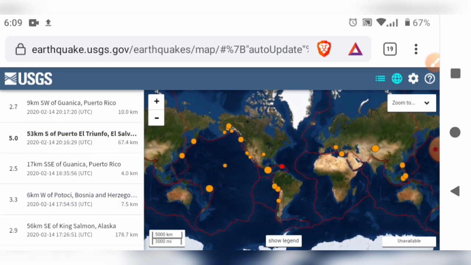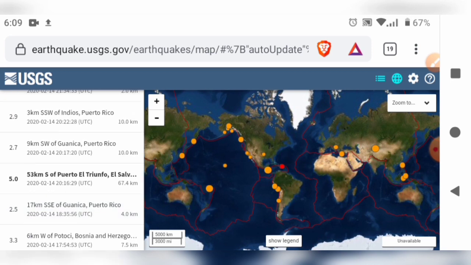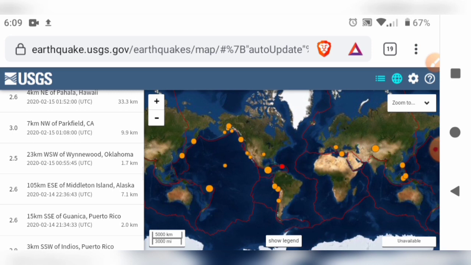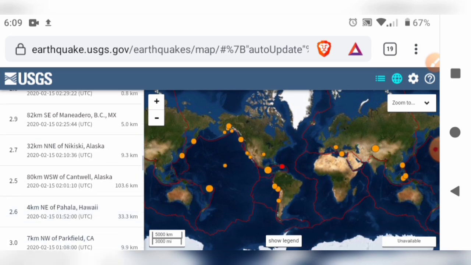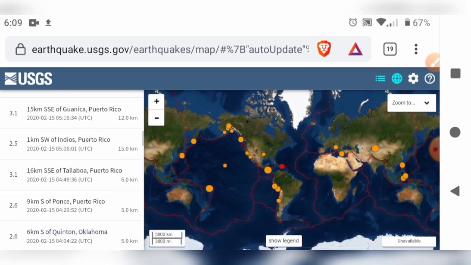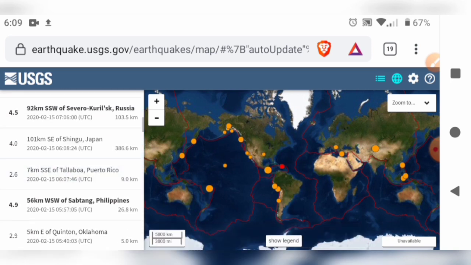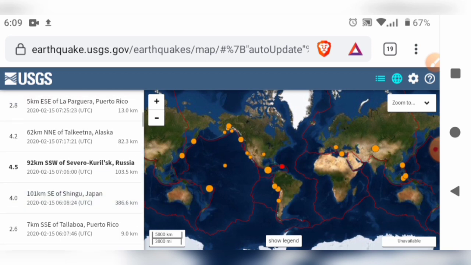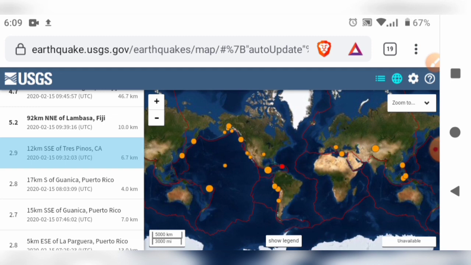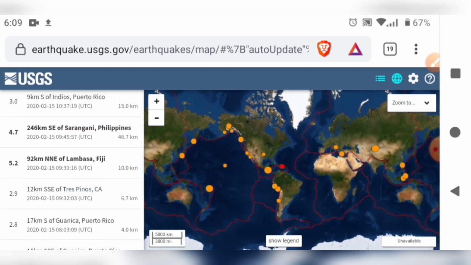There's another deep quake at Alaska. Looks like nothing over a 6 magnitude over the past 24. Another deep quake at Alaska. A deep quake at Russia. A 5.2 at Fiji, the deep quake capital of the world, but that one's at the surface.